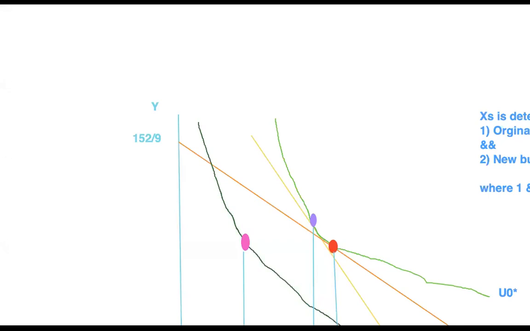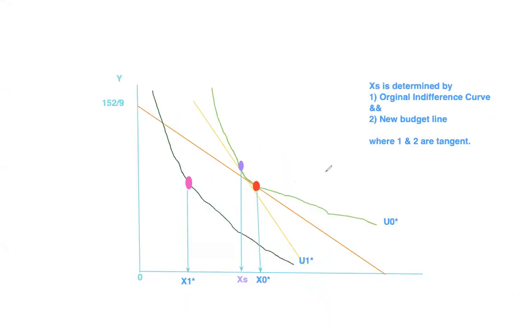Now I can go back here and hopefully get everything arranged. Now we know that this is actually a number, 10.25.